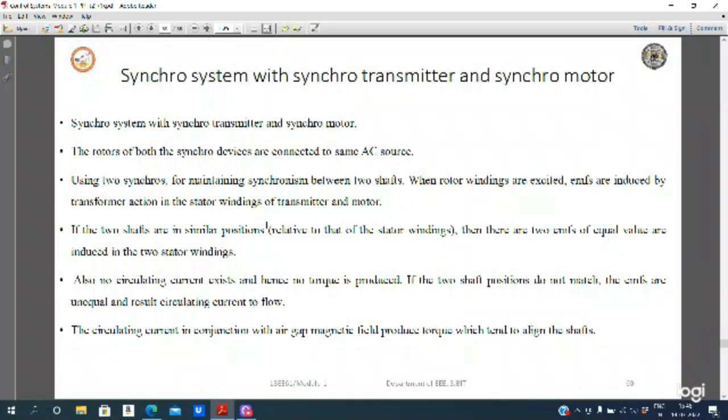When rotor windings are excited, EMFs are induced by transformer action in the stator windings of the transmitter and motor. So the working principle of the synchro is similar to that of a transformer, mainly dependent on mutual inductance. According to that, the EMF is induced in the transmitter as well as the receiver. So according to that, this synchro transmitter pair is going to work.